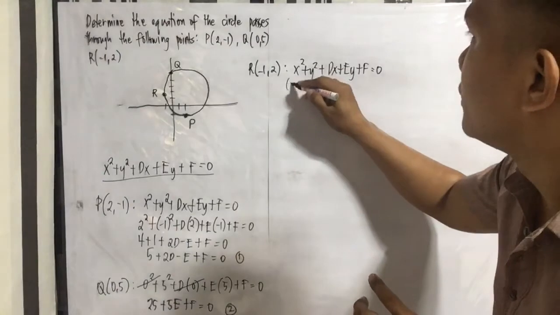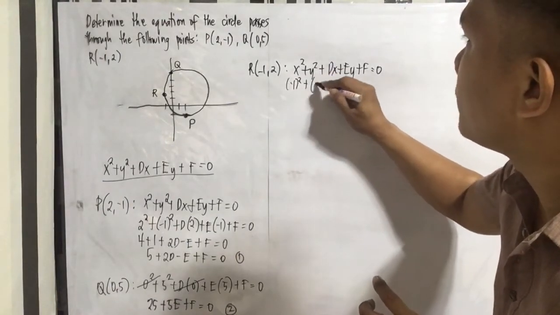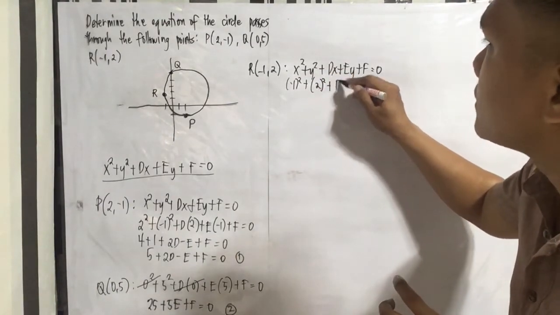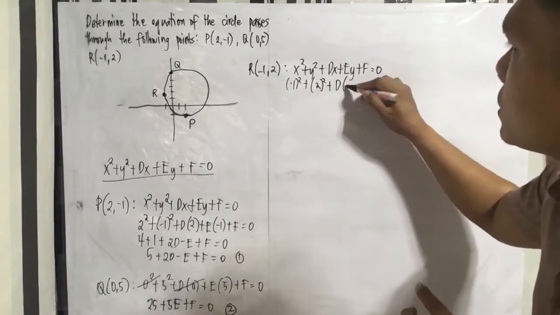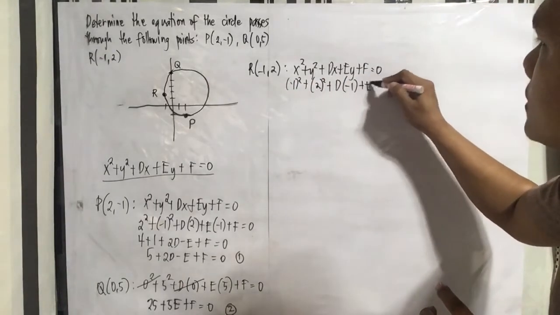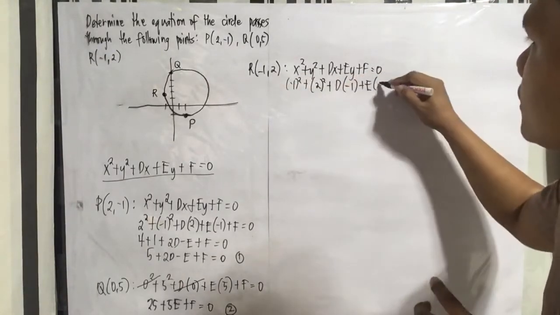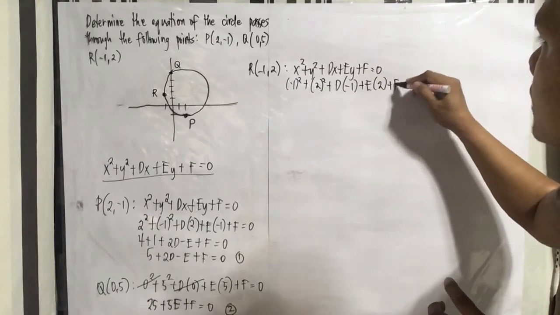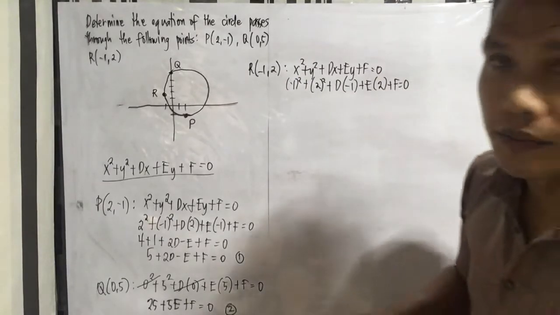We have (-1) squared plus 2 squared plus d times -1 plus e times 2 plus f equals 0.